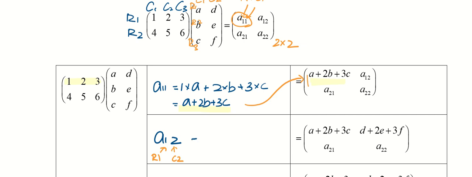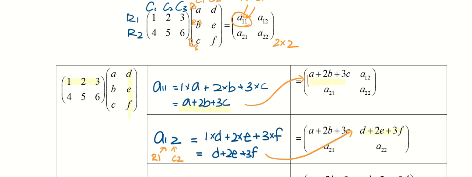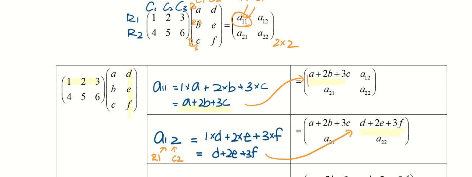Row 1 is still 1, 2, 3. Column 2 is D, E, F. So you get 1 times D plus 2 times E plus 3 times F. Eventually you get D plus 2E plus 3F. Where do you find that again? There, A12 here. Okay, moving on.